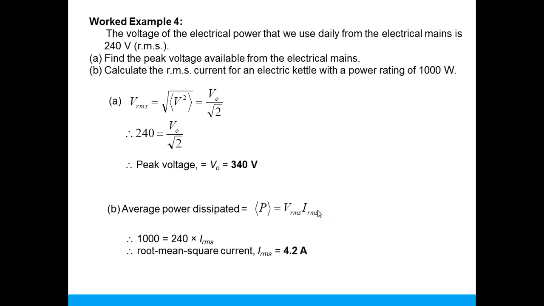Do not confuse this for the peak power. So if I tell you that a hair dryer has 500 watts power, it means that the mean power is 500. Since the mean power is given by VRMS multiplied by IRMS, we can simply sub in 1000 for the power and 240 for the VRMS, and find that the IRMS, the root mean square current, is 4.2 amperes.